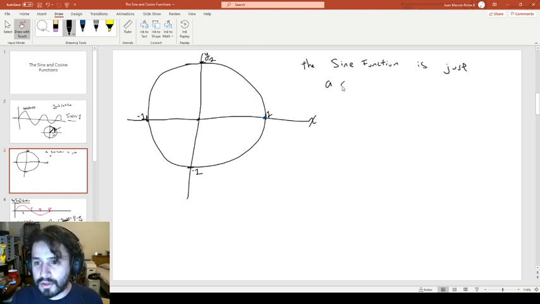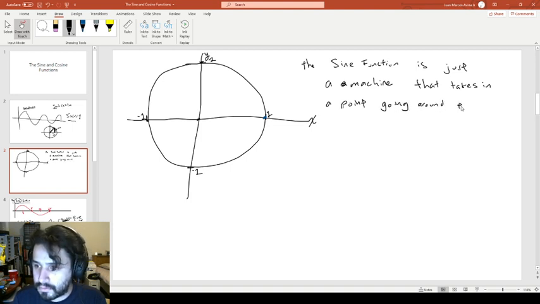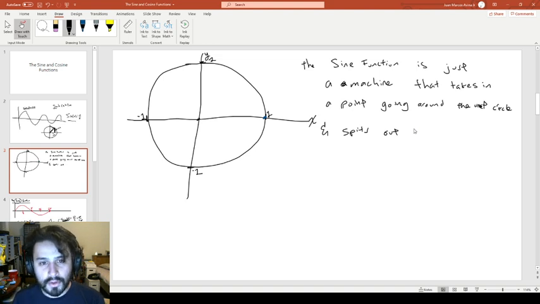Well, think of a machine that takes in a point zipping around a unit circle, and spits out the y value of that point.